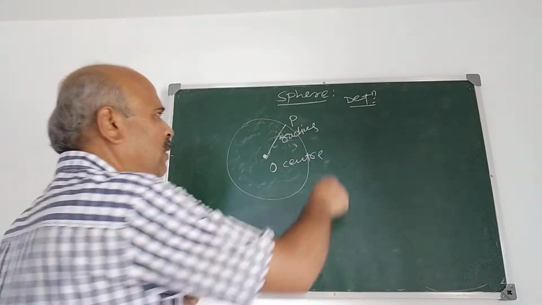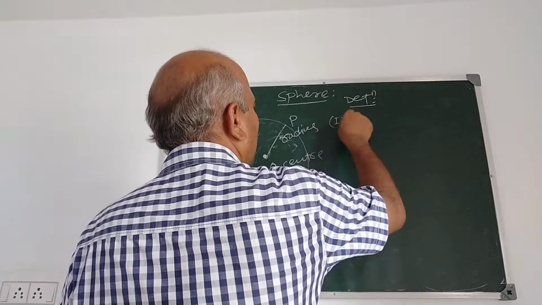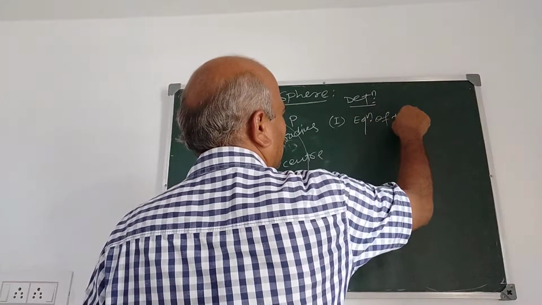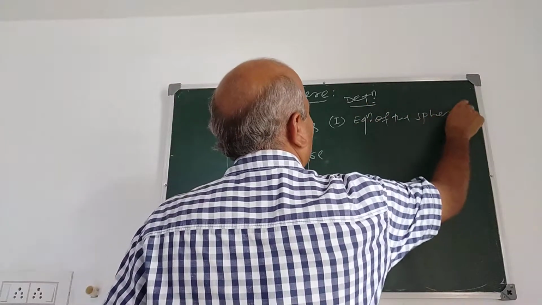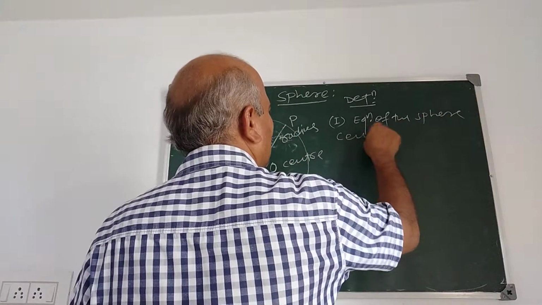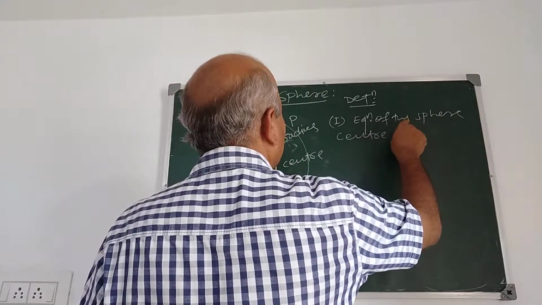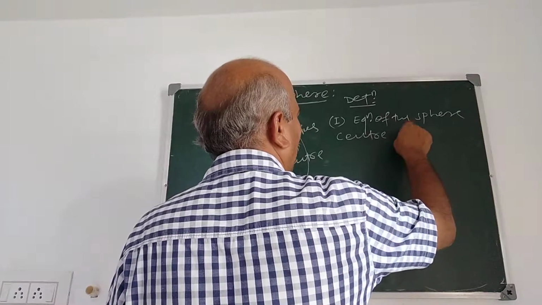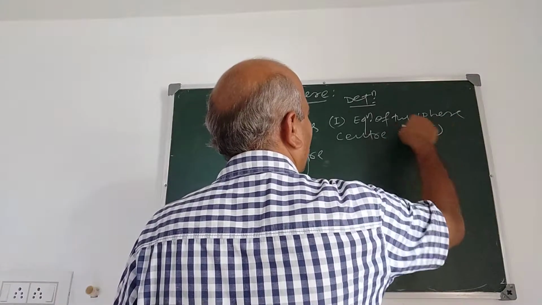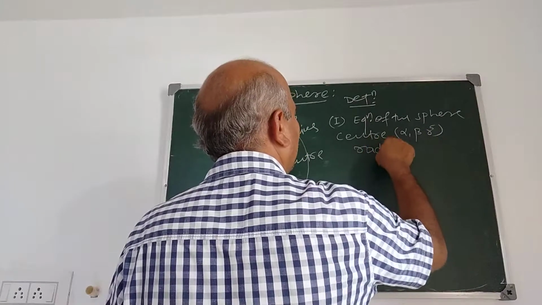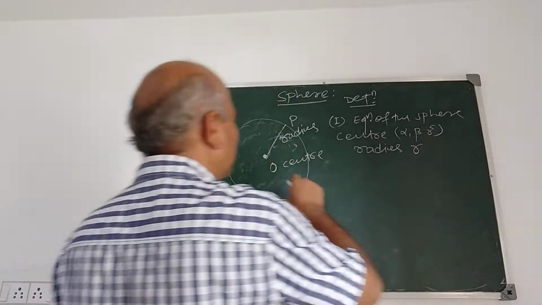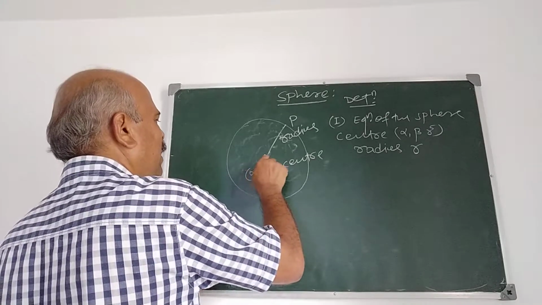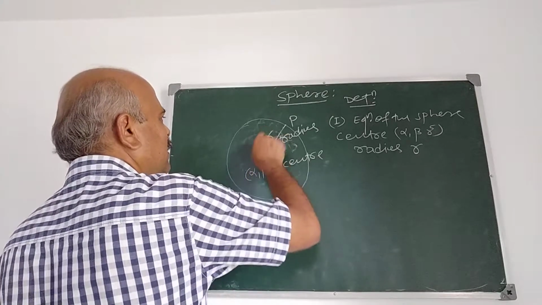Now first one, equation of the sphere whose center is alpha, beta, gamma, and radius is r. Suppose the coordinates of the center are alpha, beta, gamma, and the radius is r.